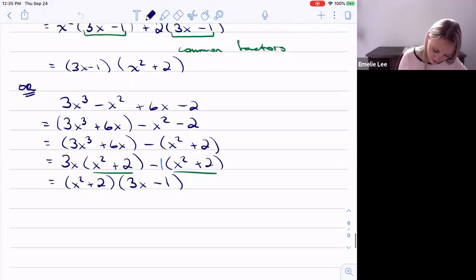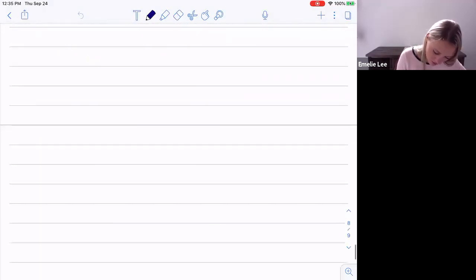It glitched out. Okay, 1.4, rational expressions.